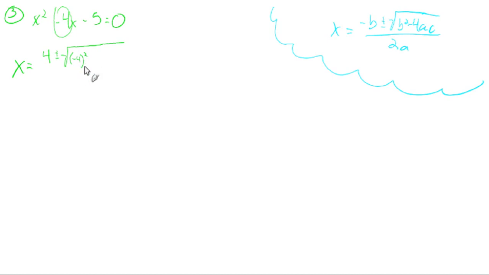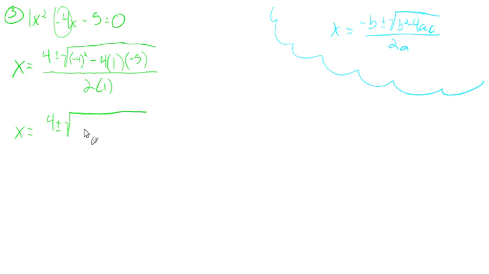So this number here should always be positive because this number always gets squared for every quadratic formula problem you would do. 4 times a would just be 1. There's a 1 there. 4 times a times c is negative 5, over 2 times a, and a is 1. And we're getting there.